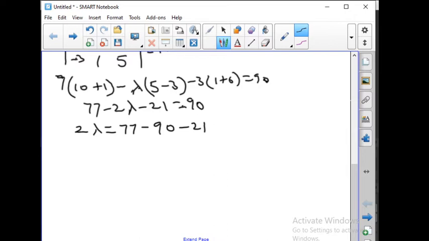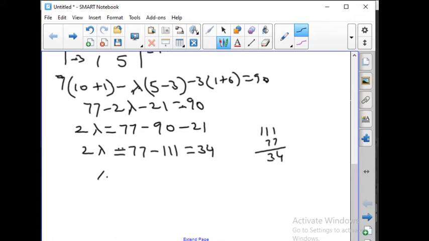So it gives us 2 lambda is equal to 77 minus 111. So 111 minus 77 is 34.